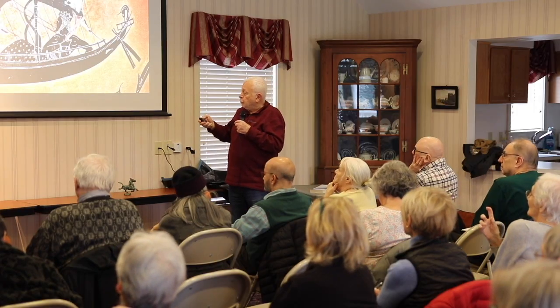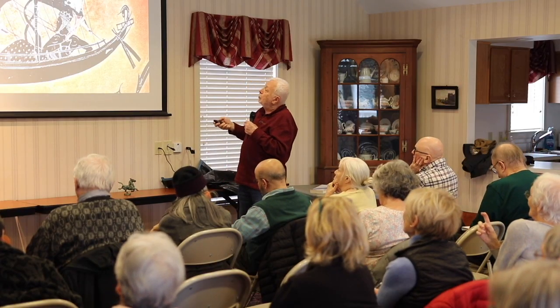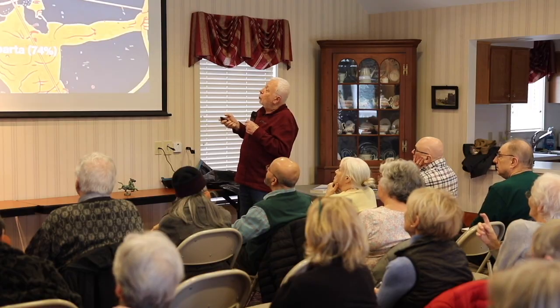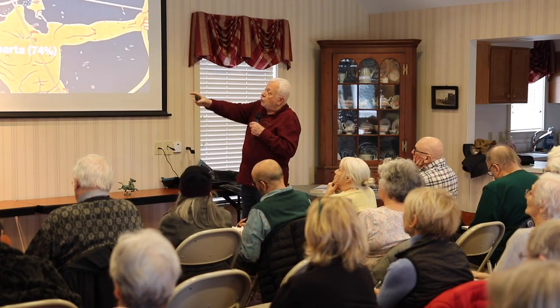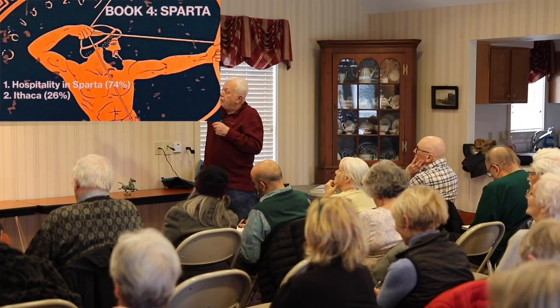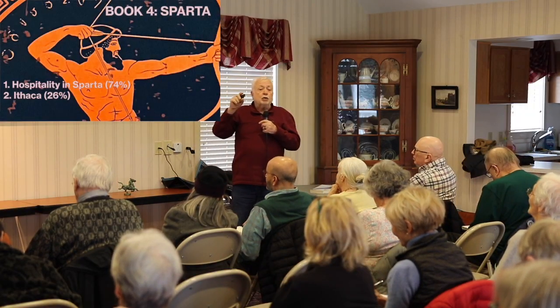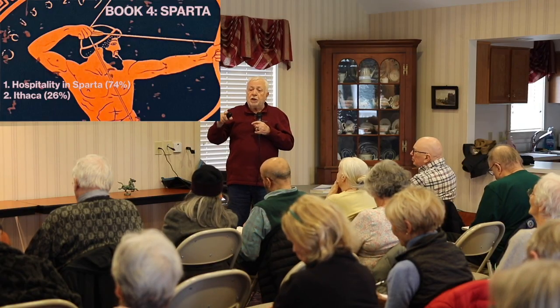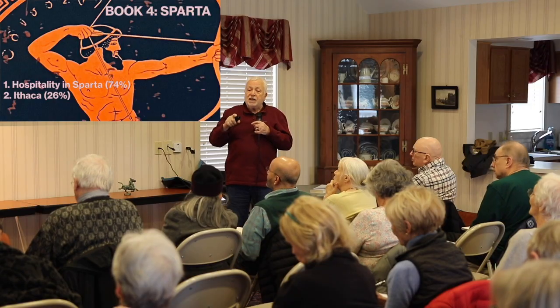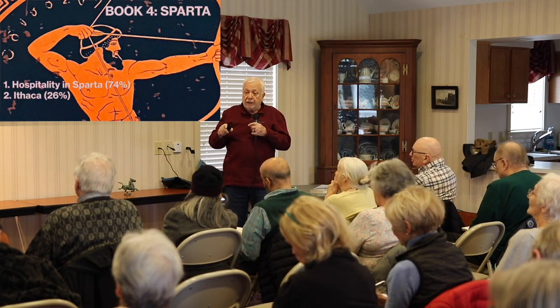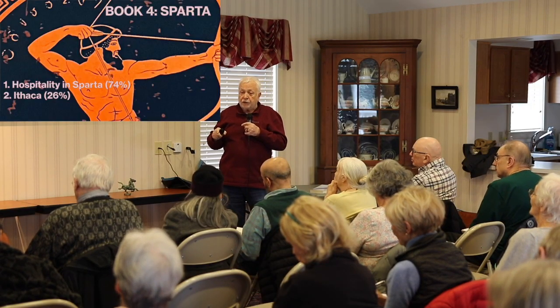So he goes to book 4, which is actually the important book. It's all about hospitality. 74% is hospitality. And that's shown to you immediately as you start reading book 4. They arrive in the evening of the 5th day, Pisistratus and Telemachus.